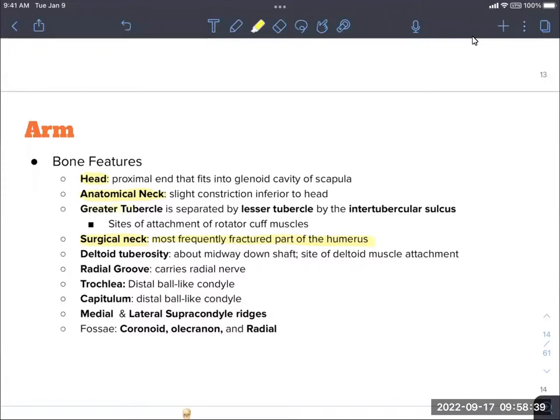We have a greater tubercle, a lesser tubercle, and between the two tubercles, we have an intertubercular sulcus. Inter means between, tubercular means the tubercles, and it's a sulcus. We have a deltoid tuberosity, which is about halfway down.